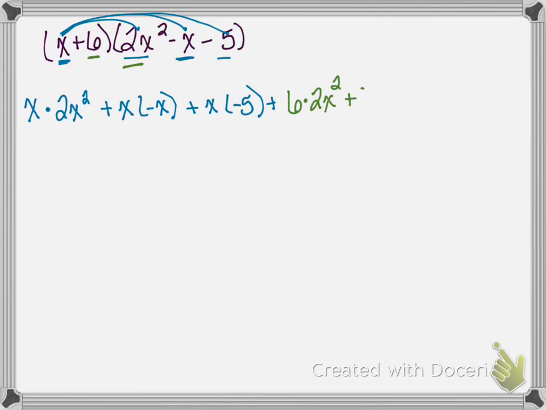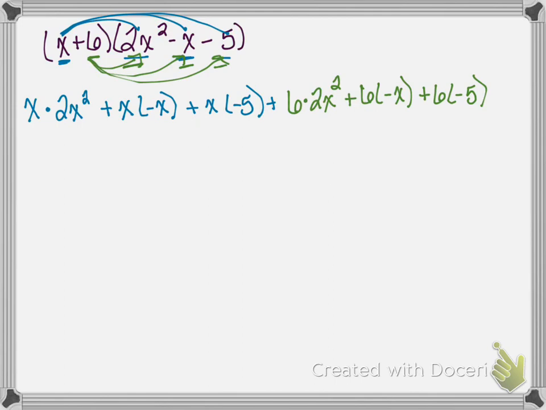Then I've got 6 times negative x. Then I've got 6 times negative 5. So what I did with my green is I took this 6 and I distributed it to everything in this trinomial.